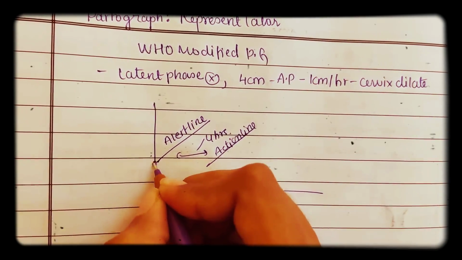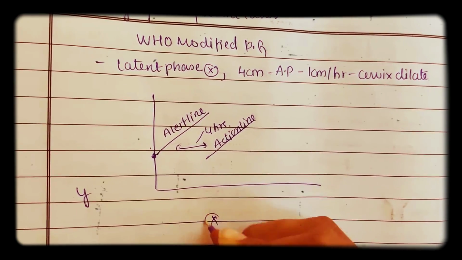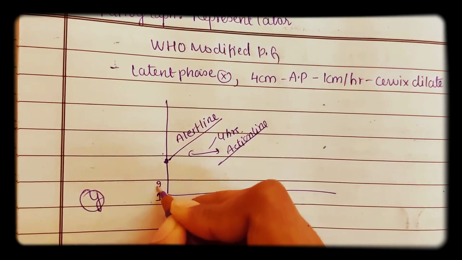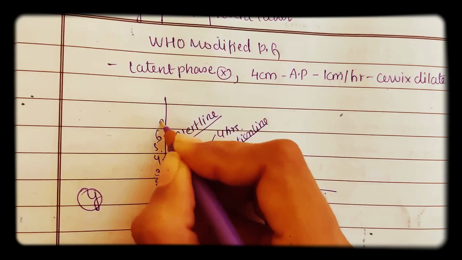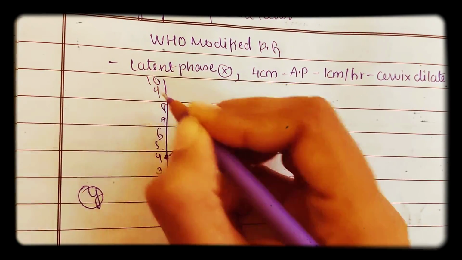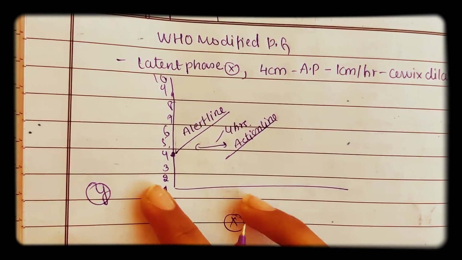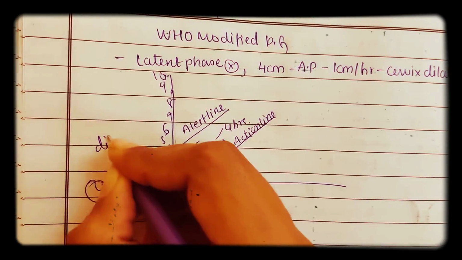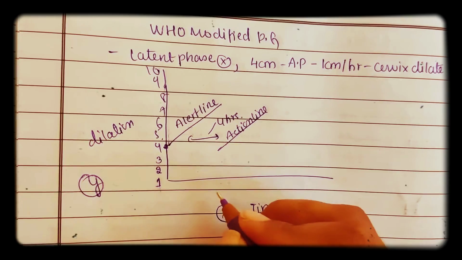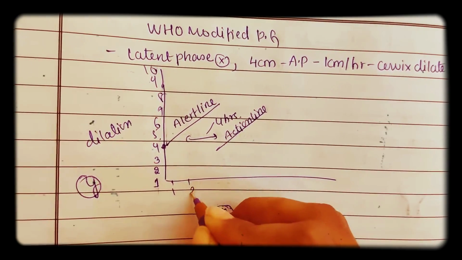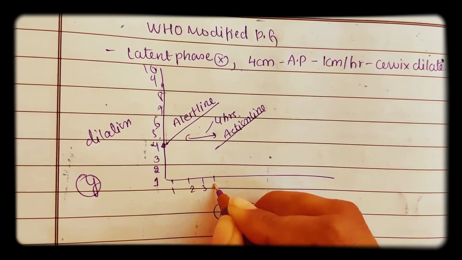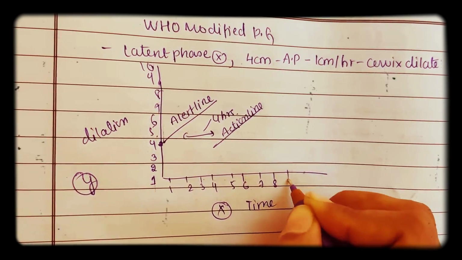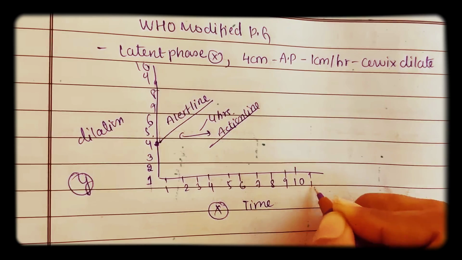Here this is the y-axis, this is the x-axis. On the y-axis we take the dilation of cervix in centimeters: 1, 2, 3, 4, 5, 6, 7, 8, 9, 10. On the x-axis we take the time: 1, 2, 3, 4, 5, 6, 7, 8, 9, 10, 11, 12, and so on.